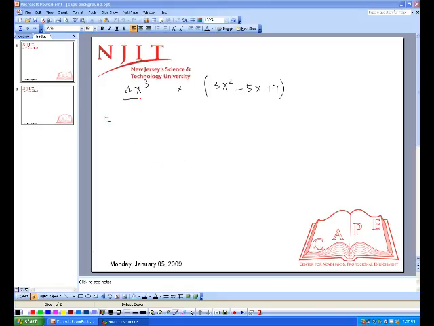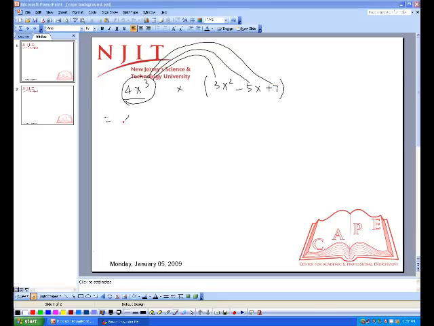If one polynomial is a single term and it is multiplied by the other, bigger polynomial that has more terms, what you have to do is simply distribute this term and multiply it with each single term. Okay, so let's write that out.